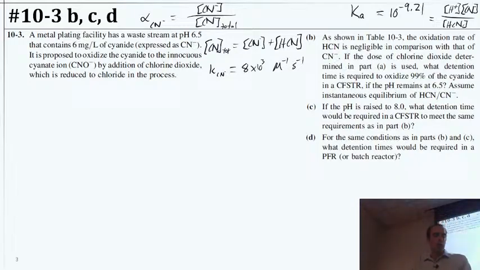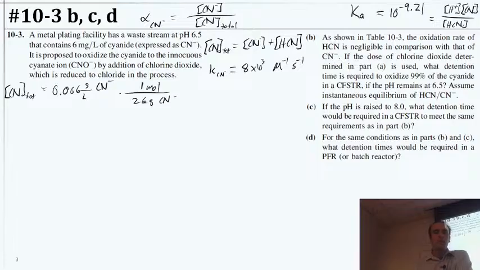Okay. So we can calculate a couple things before we get too much further ahead. We can go ahead and calculate our total CN. This is going to be the 0.006 grams per liter, the 6 milligrams per liter, that was given, as we were given that we have 6 milligrams per liter expressed as CN minus. So we're going to calculate this in the form of CN minus, simply multiply this by 1 mole per 26 grams of CN minus.